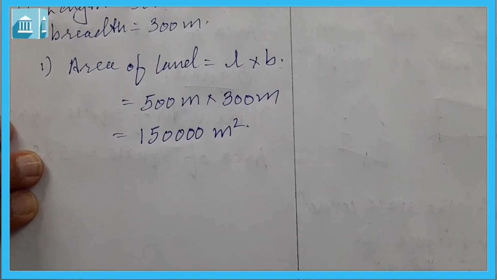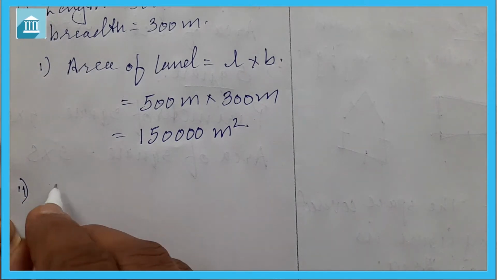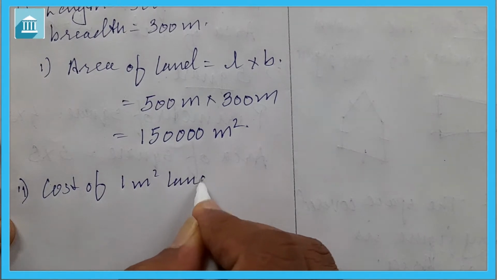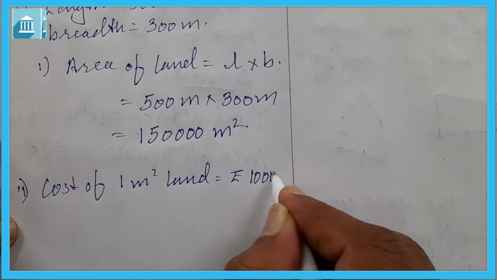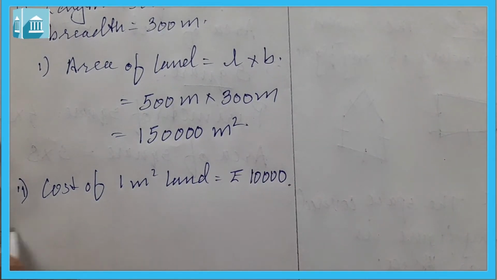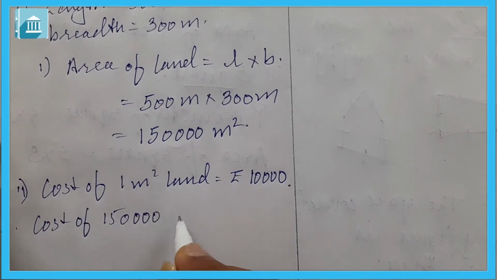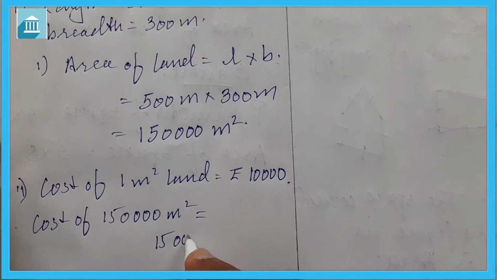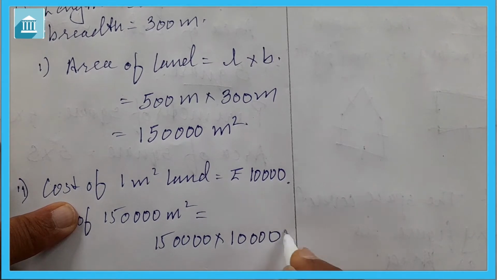Now it is given to find the cost of the land if 1 meter square is equal to rupees 10,000. So second, cost of 1 meter square land is rupees 10,000. Therefore cost of 1,50,000 meter square is equal to 1,50,000 into 10,000.